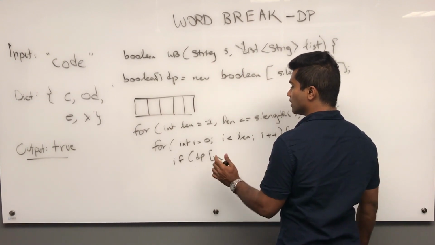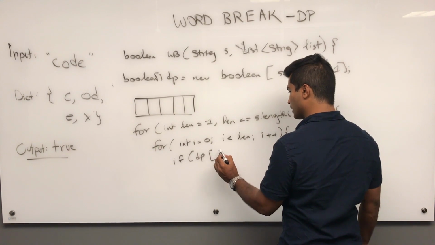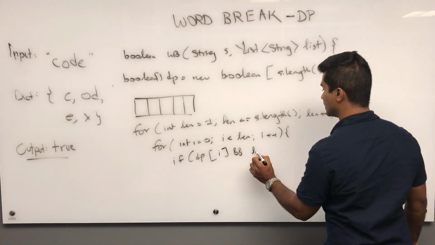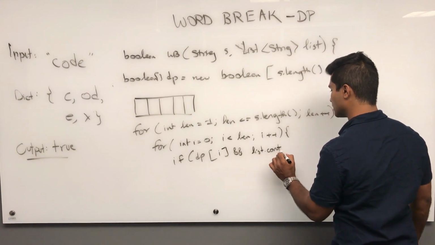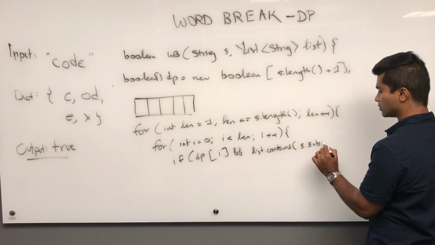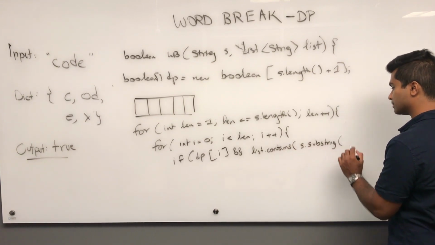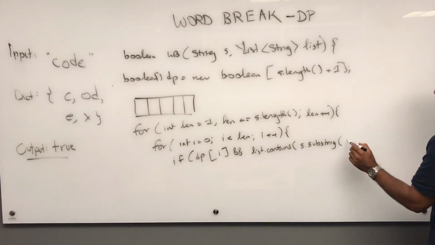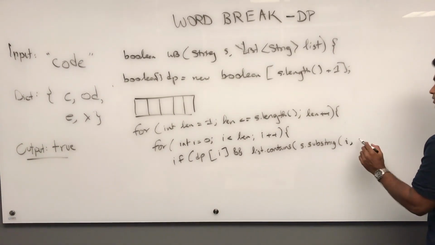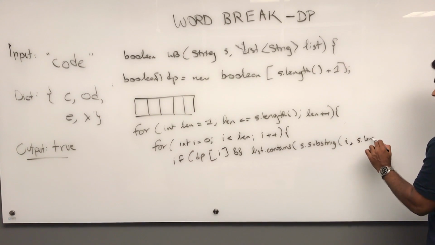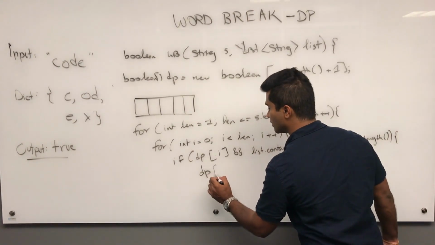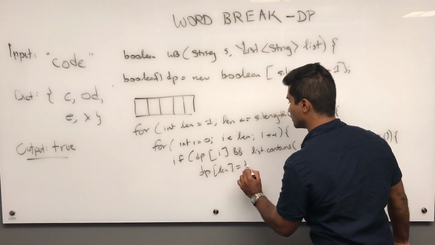So if dp of i is true, and the list contains s dot substring i to s dot length, then we can make dp of length true.